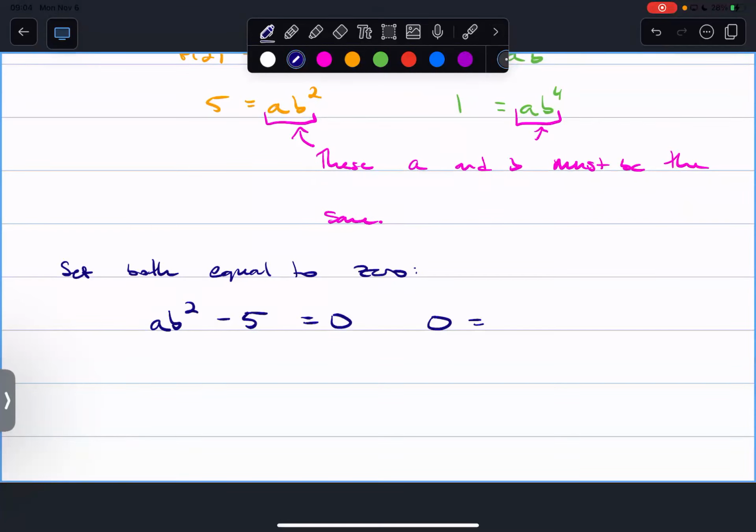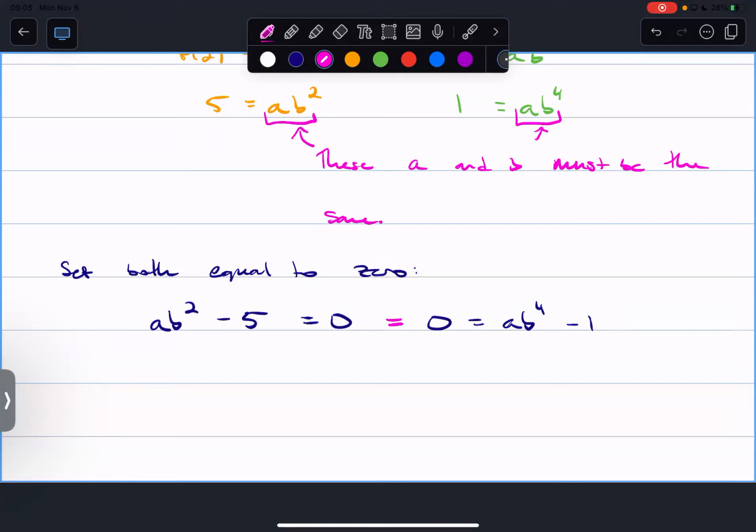And then on this side, I'm going to have a to the power of 0 is a to the power of b to the power of 4 minus 1. The only reason I wrote them back to back like that is that I can just smush these together, right? 0 is equal to 0. So this is exact. 0 is equal to 0.